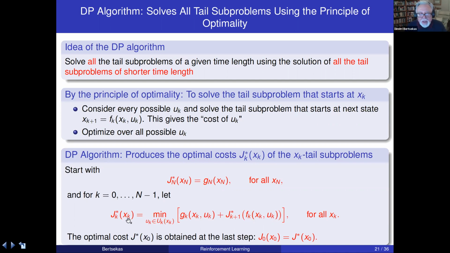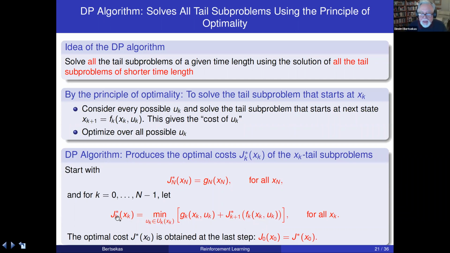We consider the tail subproblem that starts at xk. We consider all possible controls uk, and we consider the cost of the first stage plus the optimal cost of the tail subproblem that starts at the next state, and we optimize over all controls.